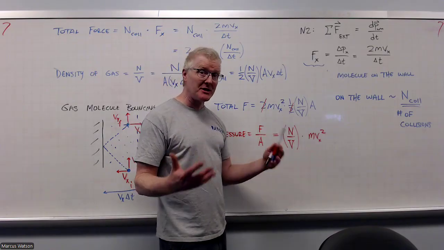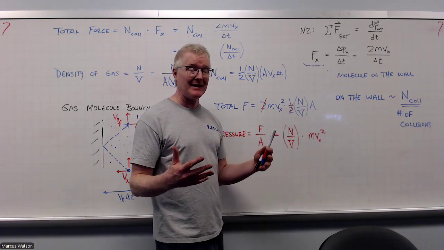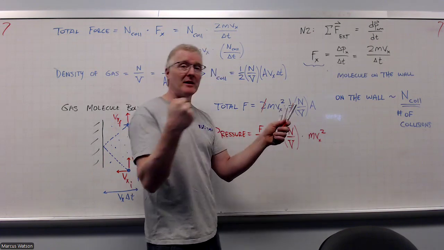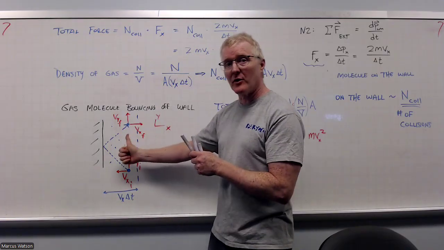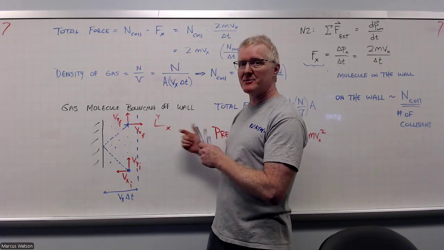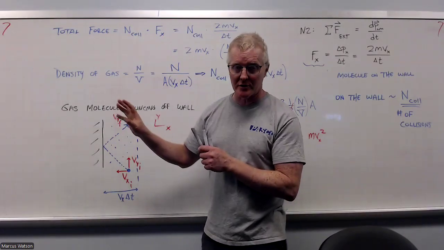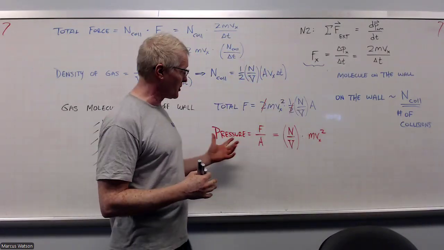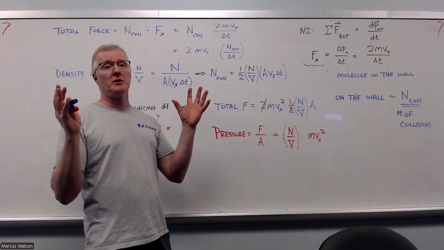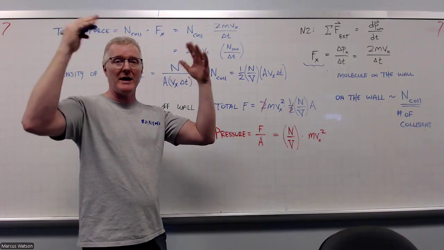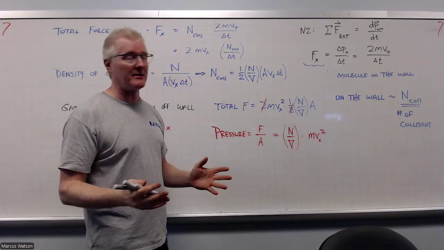So if the kinetic energy of the gas is high, then they're going to be hitting with a lot more speed and therefore exhibiting a larger momentum change, which is going to cause a bigger force. Bigger force means bigger pressure, and that means you are going to be, as a gas, able to sustain bigger weights on top of the piston or something like that.